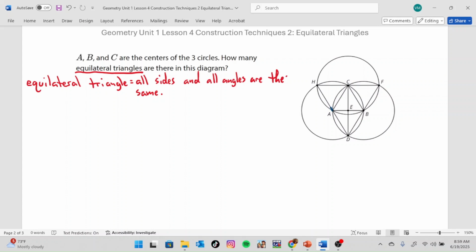So that means AH, AC, AB, and AD are all radii, so they are all equal to each other. So AB equals AC equals AD equals AH.